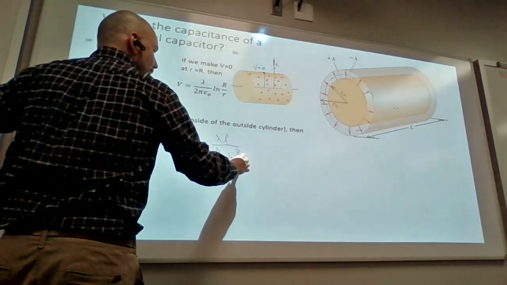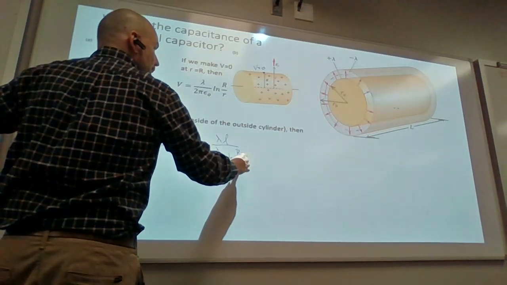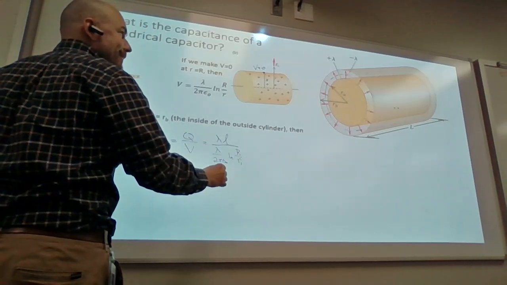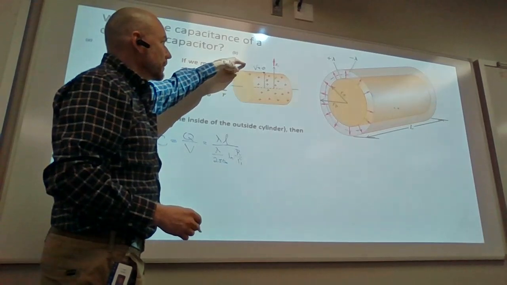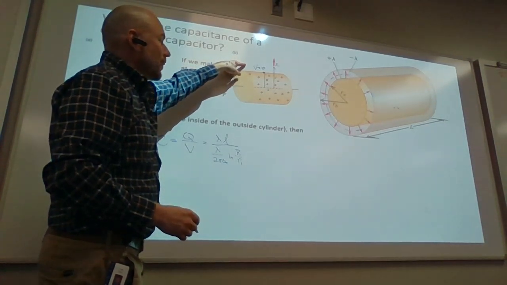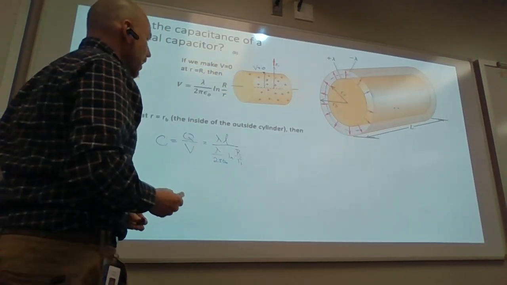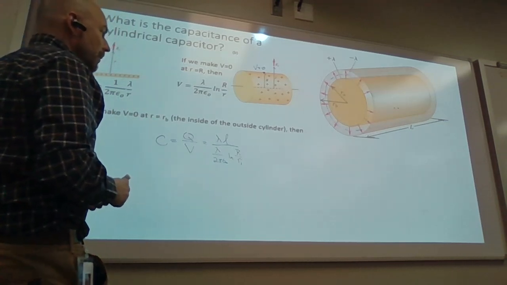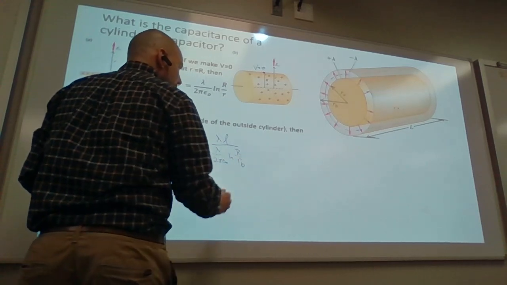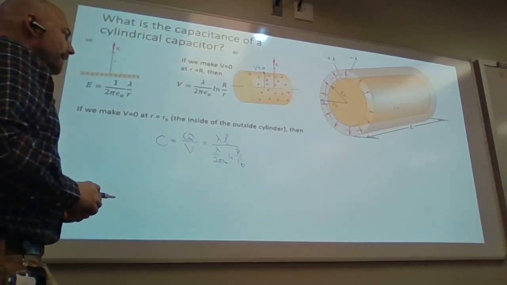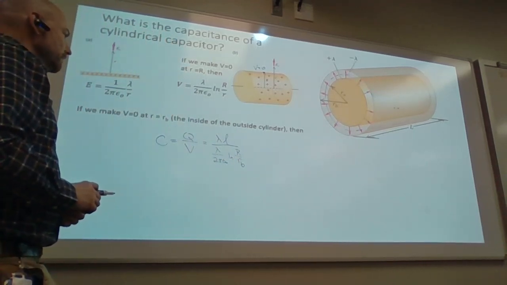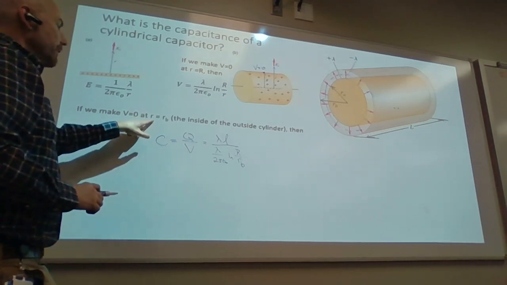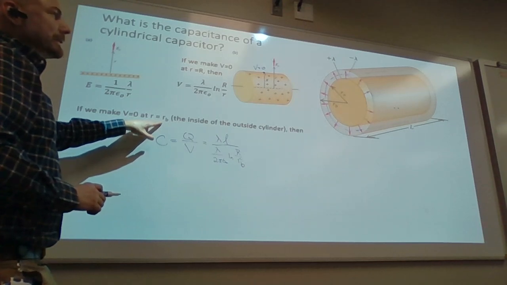Because we're starting here and we're going this way. Here's RB. Oh, okay, that's the outside. That's okay. R equals RB.